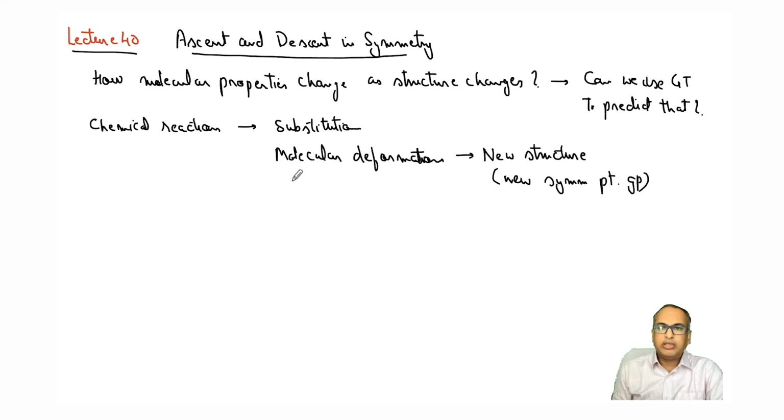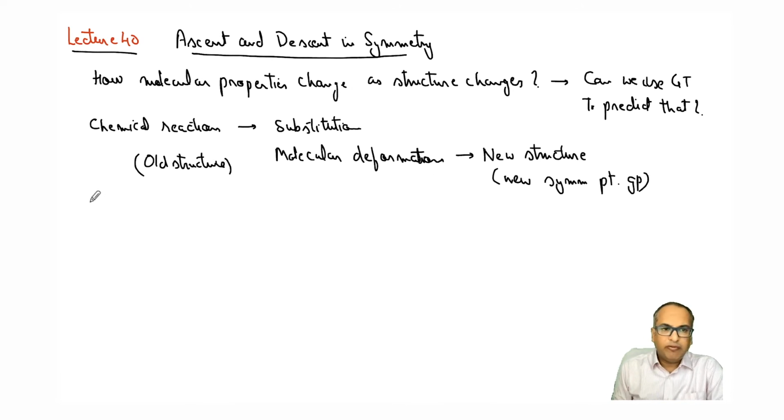Now, if I say this is the old structure with the old symmetry point group, the order of the groups might be different. One might have higher order, depending on whether you are increasing or decreasing in symmetry, right?